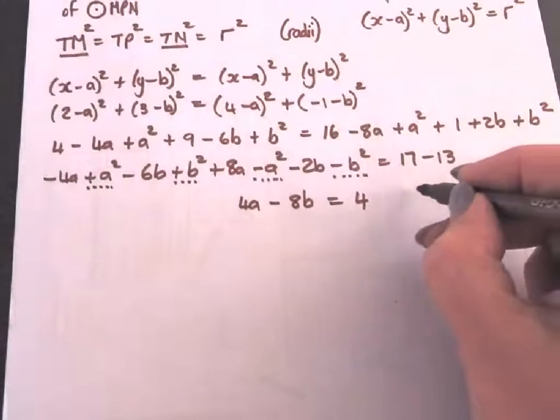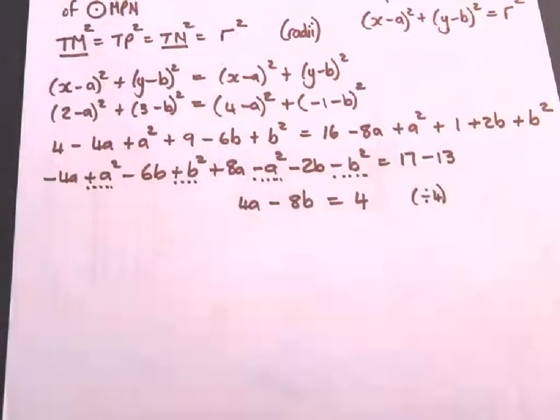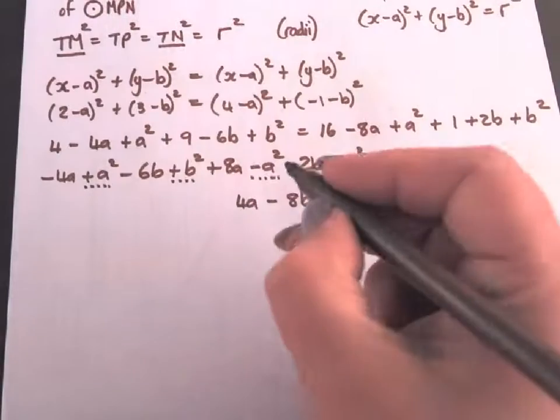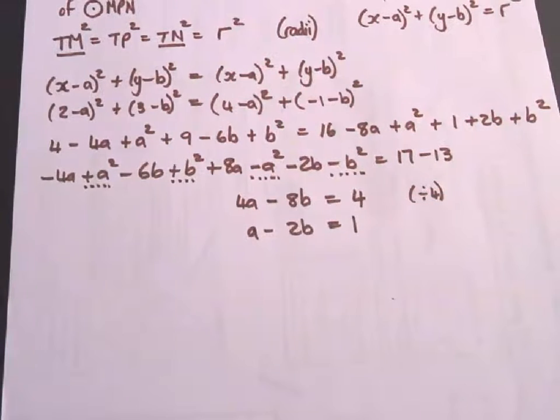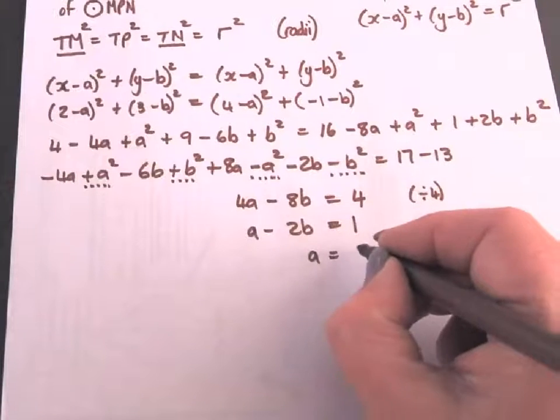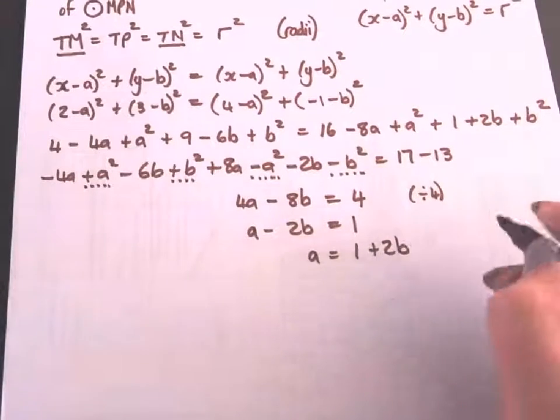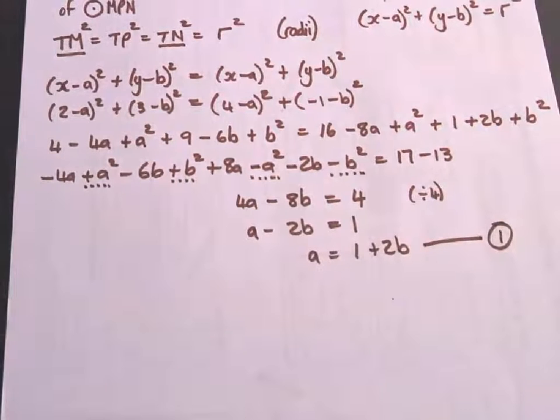Now I'm going to divide by 4 to make it simpler. A minus 2b equals 1. So let's get a alone. A will be 1 plus 2b. And that's our first equation.